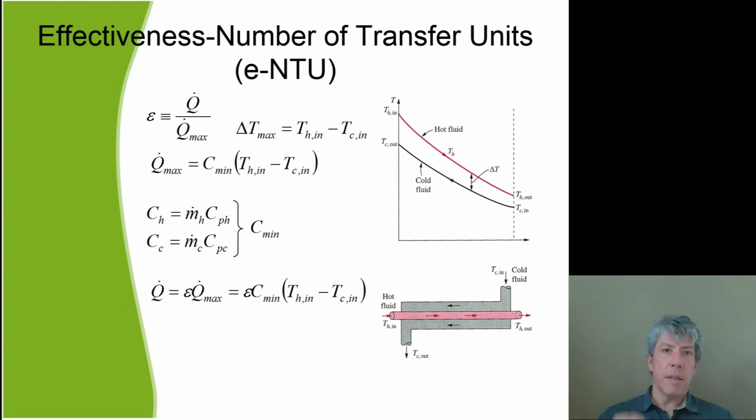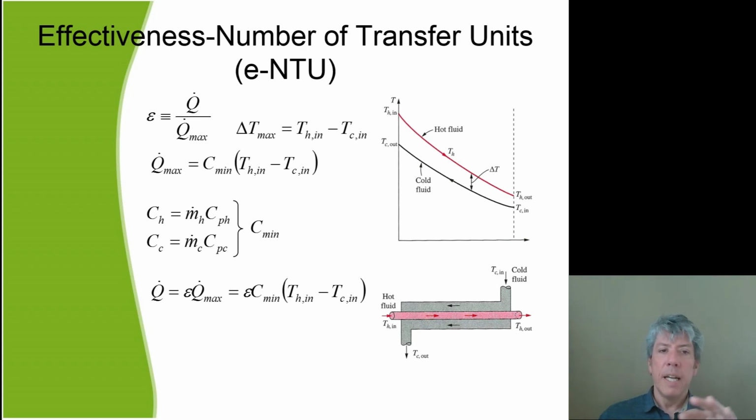In that sense, the minimum capacity rate side is the one that limits, and there's no way to get past that limit and get a higher heat transfer rate. So this is the way that the maximum heat transfer rate is defined for this procedure. If you're okay with that, we'll just use it as that. That's just the way it's defined. But there is a reason for using the minimum capacity rate with the maximum temperature difference, even though that seems odd.